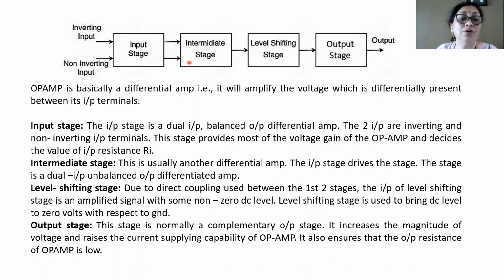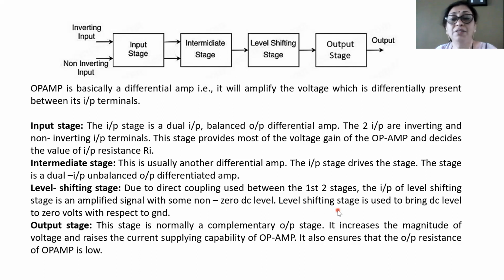You should not have a DC component in the AC voltage for your application. So for this reason, you have to make the DC component present in the output of the amplifier equal to 0. This function is carried out by the level shifting stage.